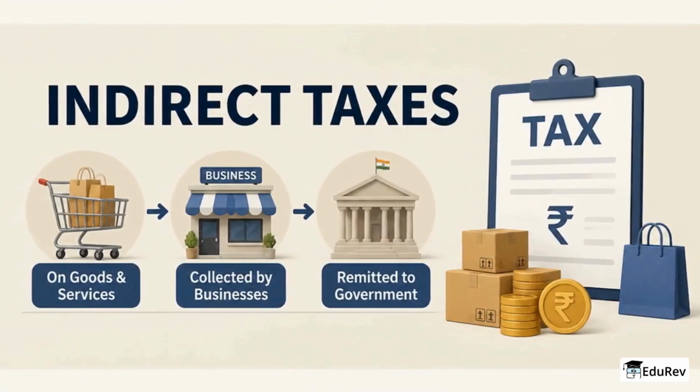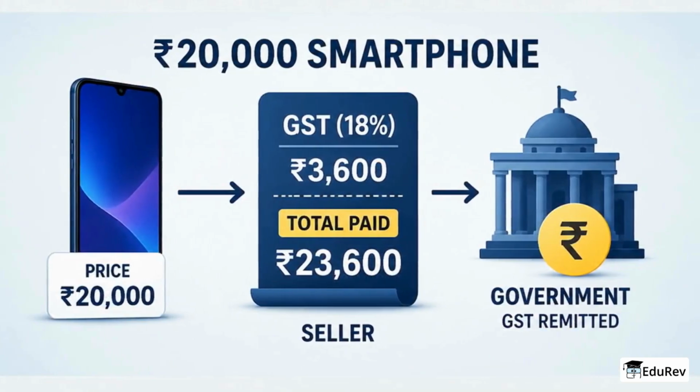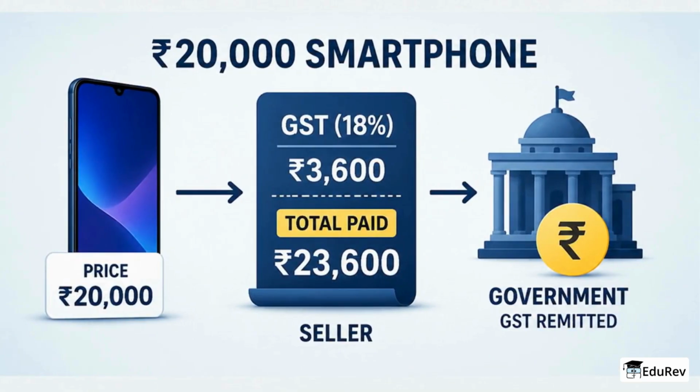Indirect taxes apply to goods and services. Businesses collect these taxes from customers and remit them to the government through pricing regularly. For example, a smartphone priced at 20,000 rupees may include an 18% GST, which the seller forwards to government authority.